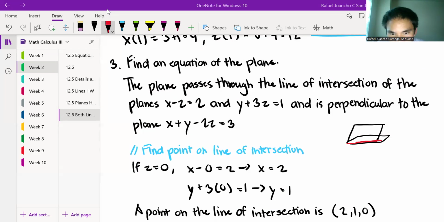Why? And we are able to do that by taking the cross product of the normal vectors of the two given planes. What? Okay, that's something. I didn't know that.